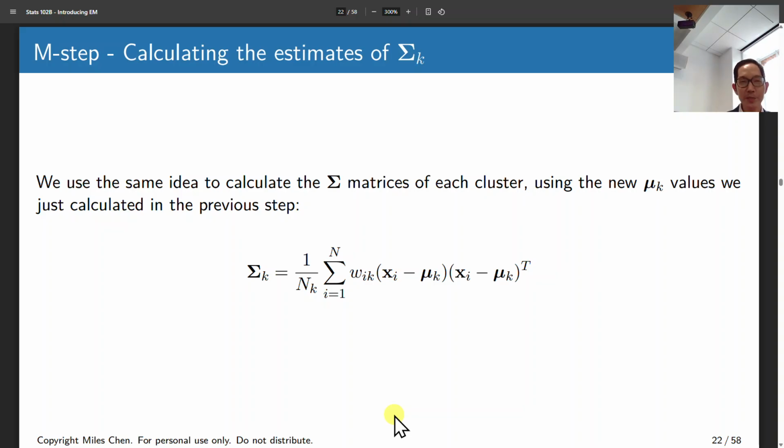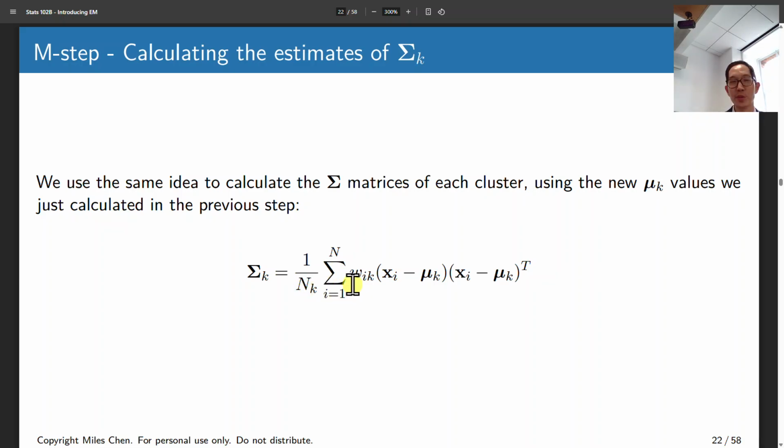Same idea for calculating our variances. This is just the definition of the variance, x minus mu times its transpose, and this will give us basically a 2 by 2 matrix. But then we weight this by our W, and then we add them up and divide by our n sub k.